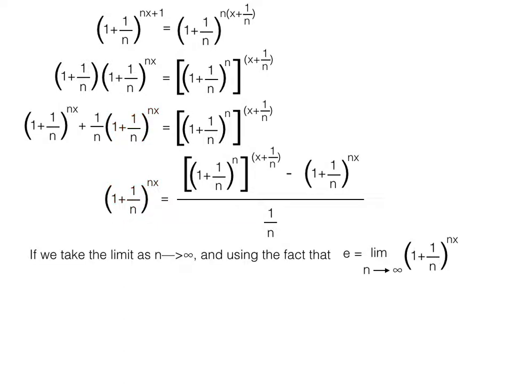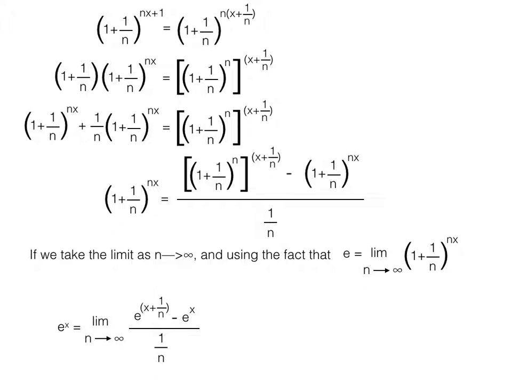Okay, now if we take the limit of both sides of the equation as n goes to infinity and recall the fact that e is equal to the limit of (1 plus 1 over n) to the power n as n goes to infinity, we get e to the power x on the left hand side and e to the power x plus 1 over n minus e to the power x divided by the reciprocal of n on the right hand side. So we write it down below.